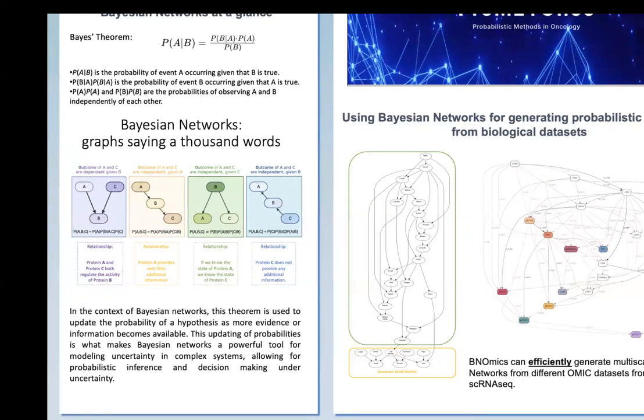Bayesian networks are all based on Bayes' theorem, that is, joint probability between different variables. And we can see different relationships between the variables, with the first one being a typical V structure.